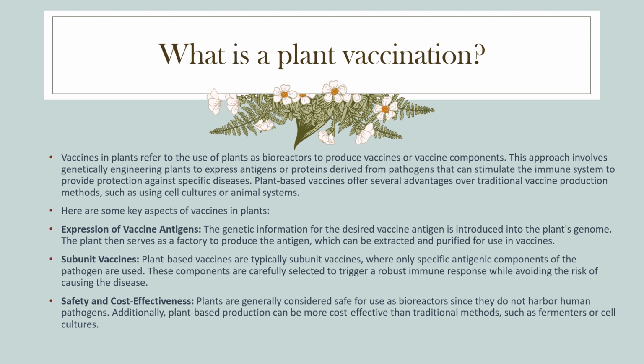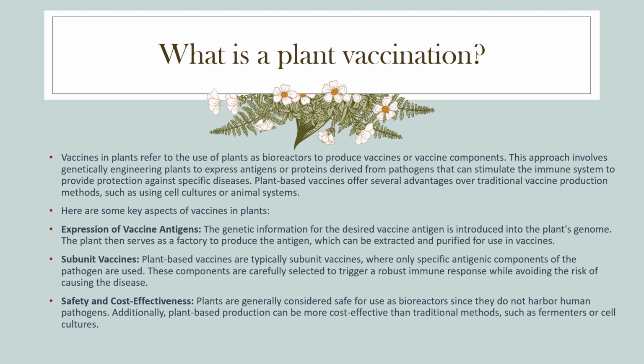which is what plant-based vaccines usually are, are subunit vaccines, and subunit vaccines use specific antigenic components of the pathogen. These components will then be carefully selected to create an immune response while avoiding the risk of causing the disease. I wanted to highlight as well the safety and cost effectiveness.